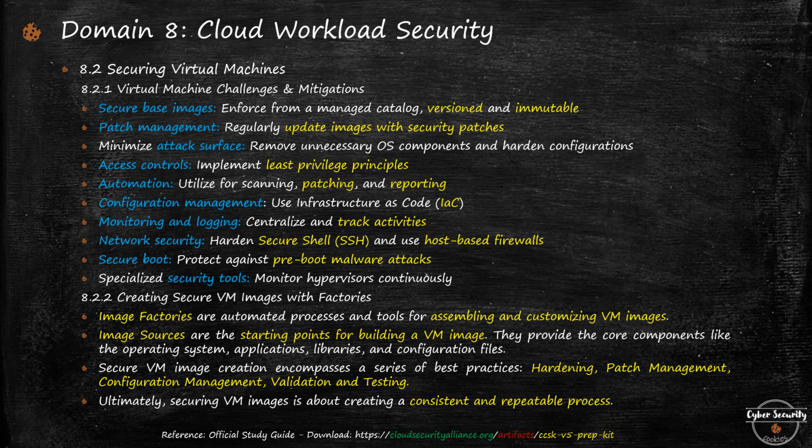Whenever you are creating your secure images or virtual images, you have to use tools logically. There's something called image factories, where you assemble and customize your virtual machines. You automate this process, so you keep creating, assembling, setting up the same virtual machines again and again. Image sources: there's a difference between an image source and a virtual machine.